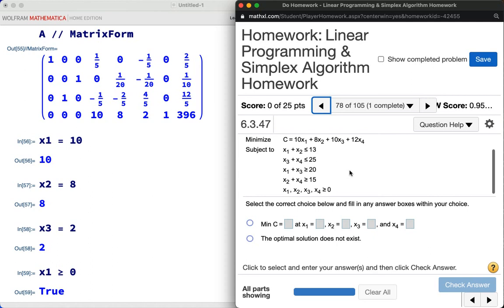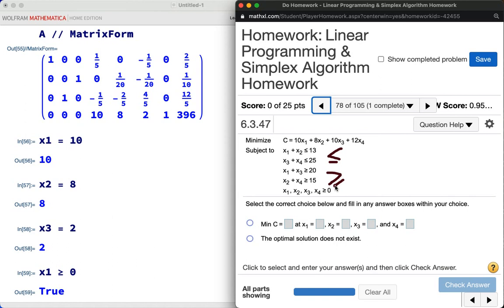Actually, 78 is slightly different because 78 uses mixed constraints. You can see here, the first two constraints use less than or equal to, and the last two constraints use greater than or equal to. That's a mixed constraint problem, and we haven't talked about that yet.